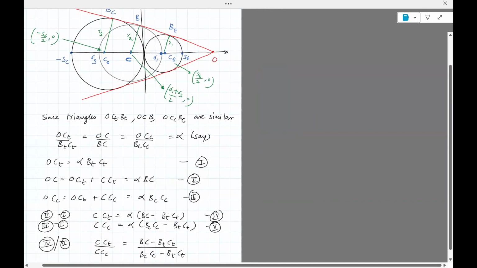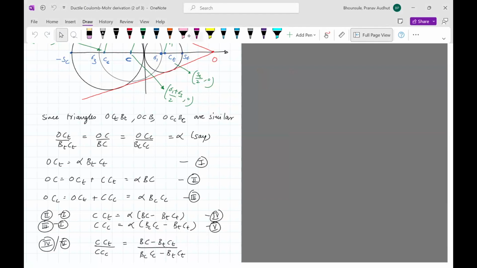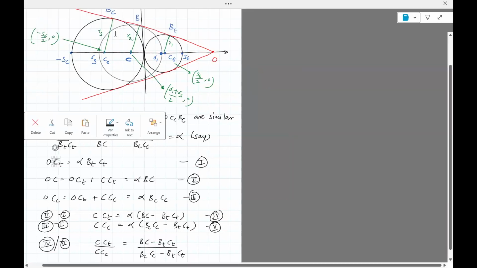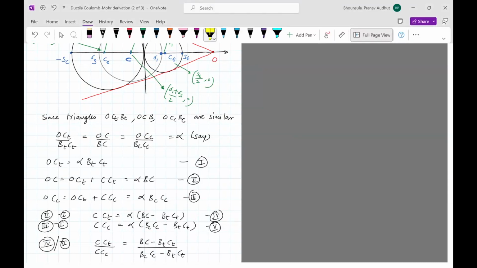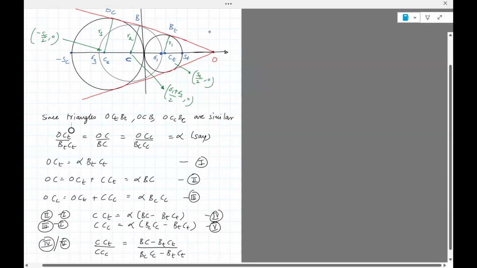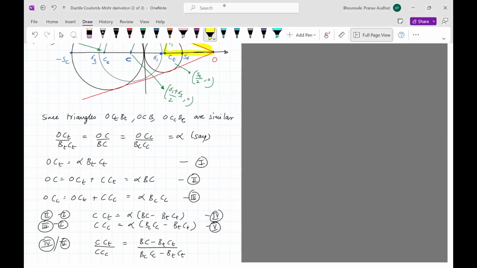So then what we do is we'll try to figure out similar triangles. This is to set up some equations. So we need to consider O C_T B_T, this.